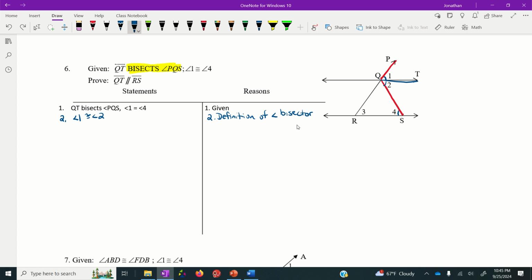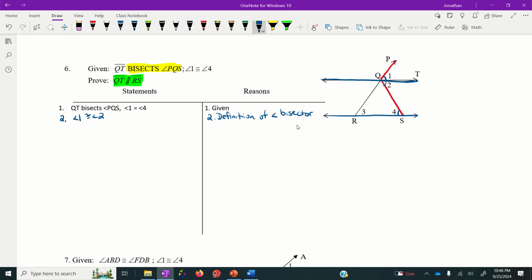Now, if you get stuck, I've used my statements and reasons, I've marked up my diagram, I don't know where to go from here. Let's go look at the proof statement and let's see if we can work backwards here. So if I want to show that QT is parallel to RS, well, QT is this line right here, and RS is this line right here. So in order for these two lines to be parallel, I have to have one of those angle pairs we talked about.